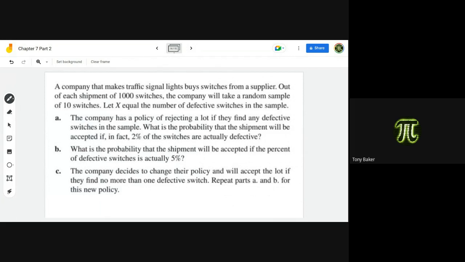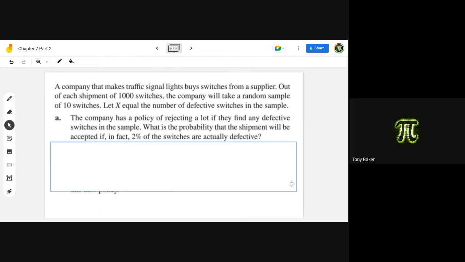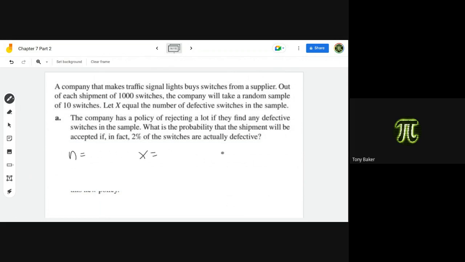So, if we're looking at this, I'm going to block out the bottom problems. There we go. So what's N, X, and P?